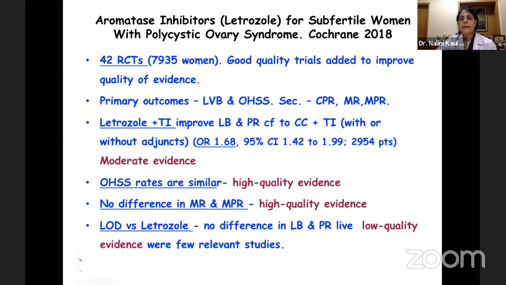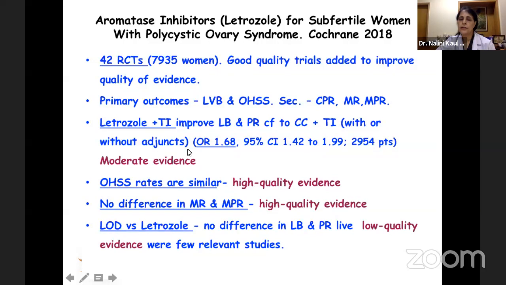So finally, a Cochrane database study, I think from 2019, showed this. It covered almost 8,000 women, and it showed that letrozole and timed intercourse improves the live birth and pregnancy rate compared to clomiphene and timed intercourse, with or without adjuncts.